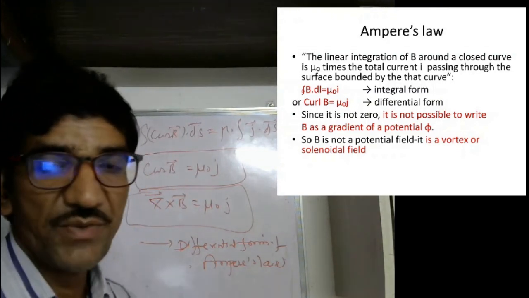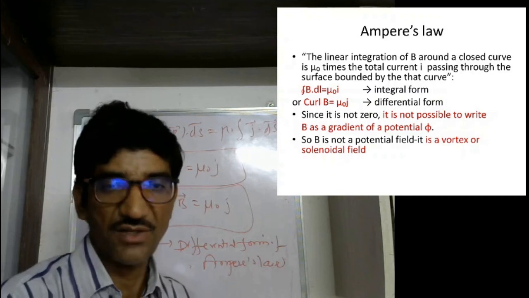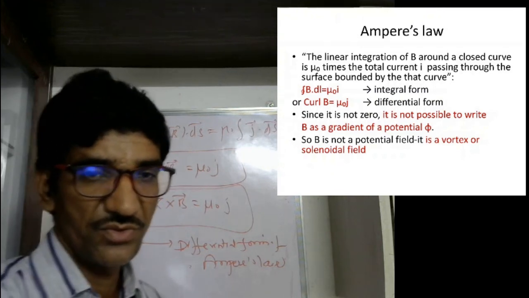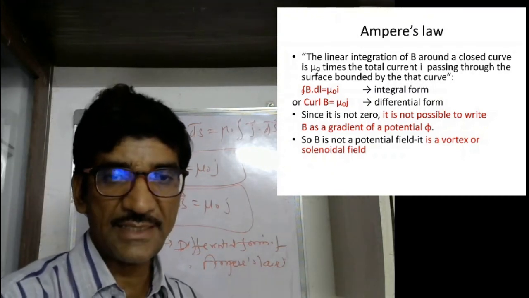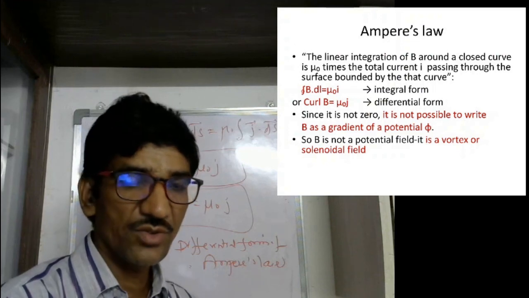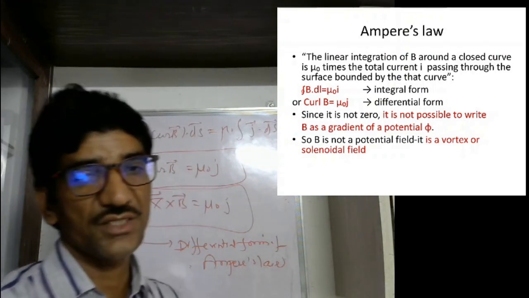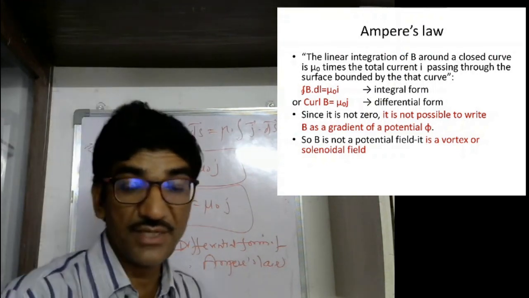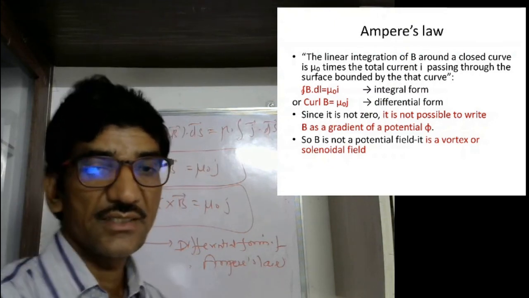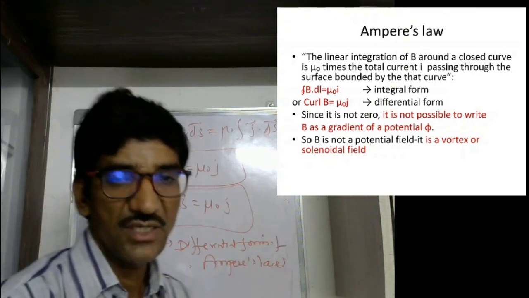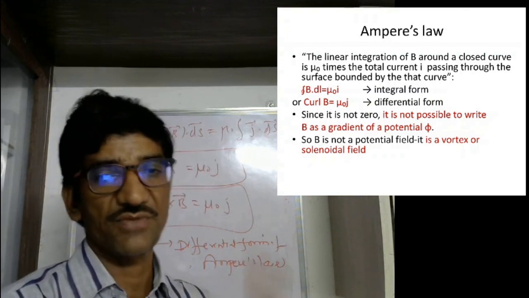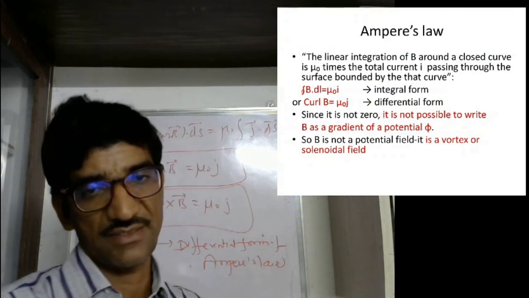That's why the total magnetic flux is always 0. In electricity, you have isolated positive and negative charges, and you can easily isolate them. But here you cannot isolate the north pole from the south pole. That is the difference between electric field and magnetic field.